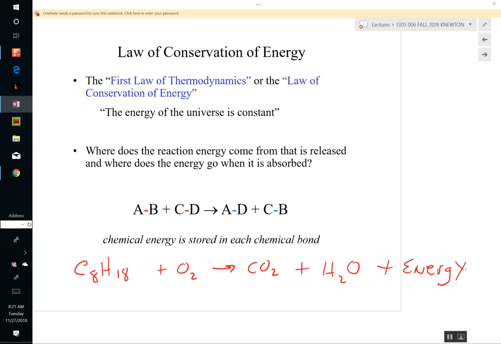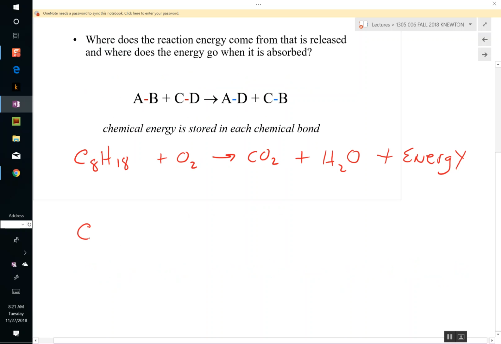AB plus CD forms AD plus CB. Well, there are certain chemical bonds in here. This thing is made up of this molecule, and there's 8 of these carbons. 2, 4, 6, 8. These are all hydrogens coming off of it.